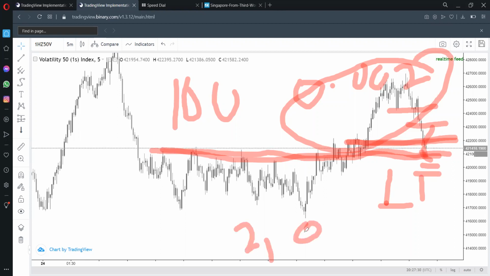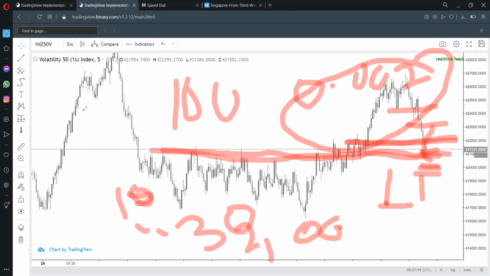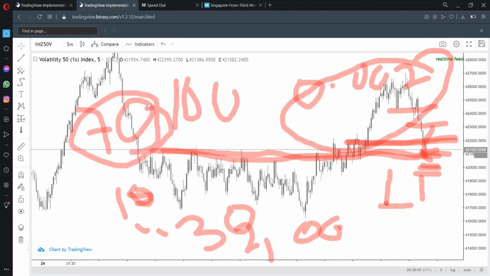Do not open 3 positions, because let's say you buy here and price hits your stop loss, and you use 0.002 and you open 3 positions, and each position closes with, let's say, $10. You see, it closes with $10 each, and you lose $30 from this. You see that you are left with only $70. So you don't know what is going to happen the next day, so definitely you are going to break your account within a day.